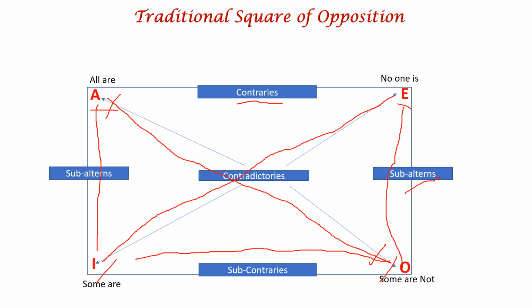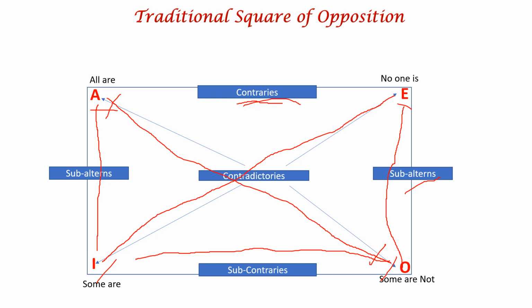Now coming to contraries. A and E are contrary propositions. The relationship between A and E is contrary. What is contrary? That means they cannot be true together. These both cannot be true together, but they can be false together.